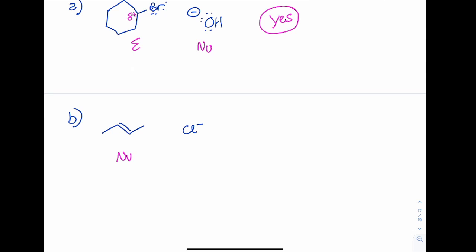It's not electron poor. We could even just say it that way. It's not even a very good nucleophile, so let's just say not an electrophile. So our answer to this one is no. If I have that alkene and a chloride ion, those guys are not going to react with each other.